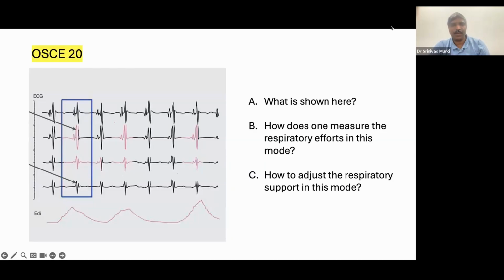Wonderful. I think already some people know about this. This is neurally adjusted ventilatory management. Okay. So this is NAVA. How does one measure the respiratory efforts in this mode?